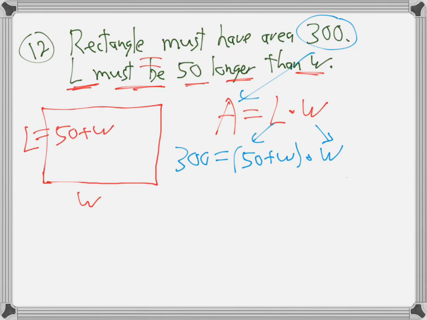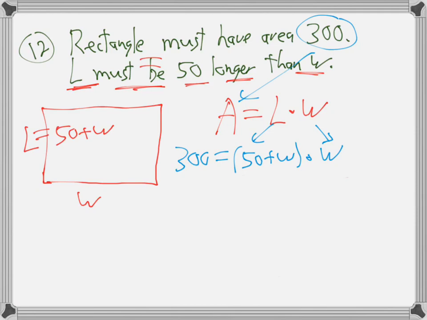So what are we going to do? We're going to distribute out that right side. Can you distribute the right? You know the W? So you make it 0, no?